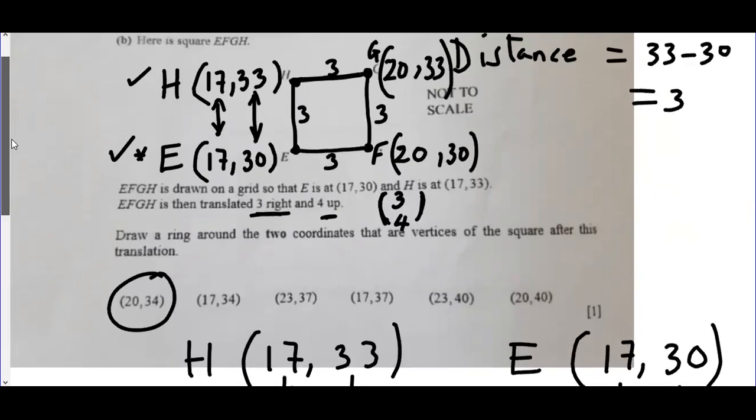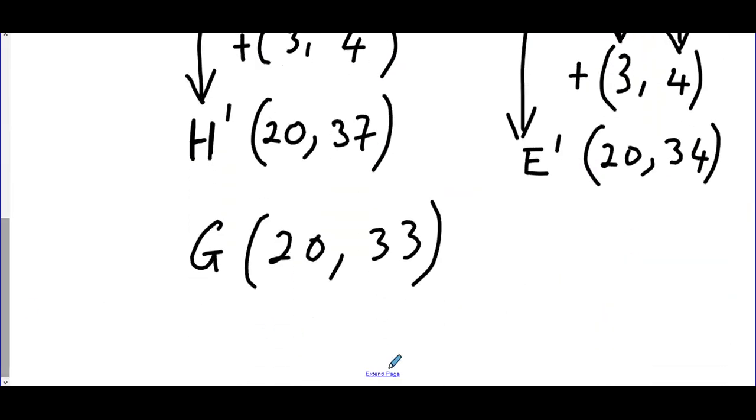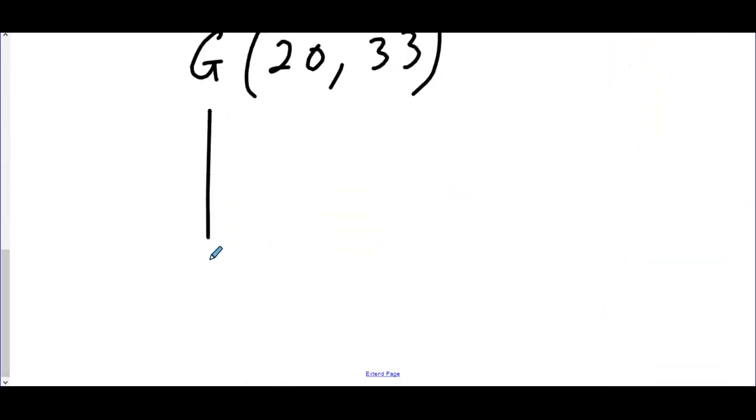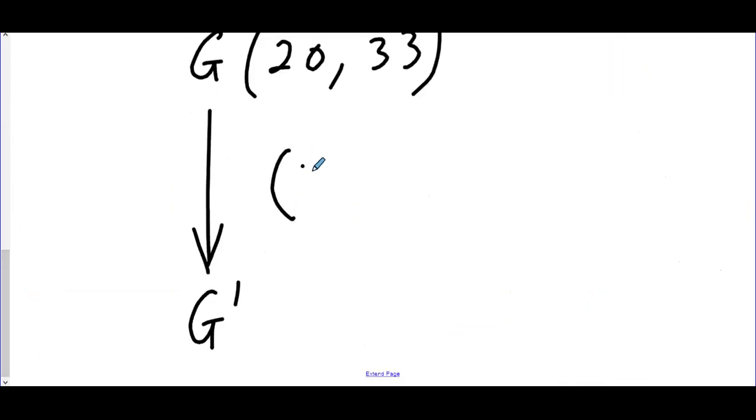G is 20,33. Now, to find the image of G after this translation, this will give you G dash. Now, to these coordinates, we have to add what we call the translation vector, which was 3, 4. So how do we add? Take 20 plus 3.